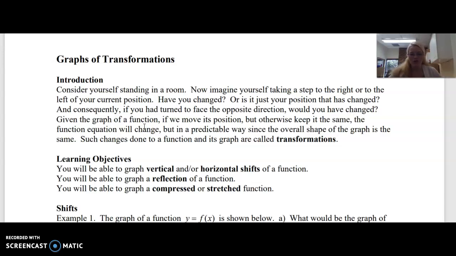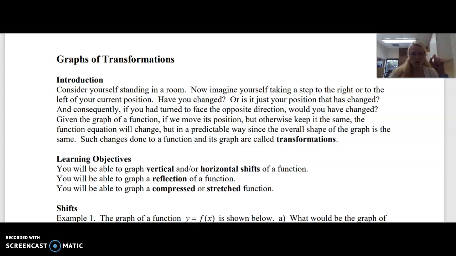Given the graph of a function, if we move its position, but otherwise keep it the same, the function equation will change, but in a predictable way, since the overall shape of the graph is the same. Such changes done to a function and its graph are called transformations. So if you want all the details about how to graph vertical and horizontal shifts, reflections, or stretches, check out this PDF.